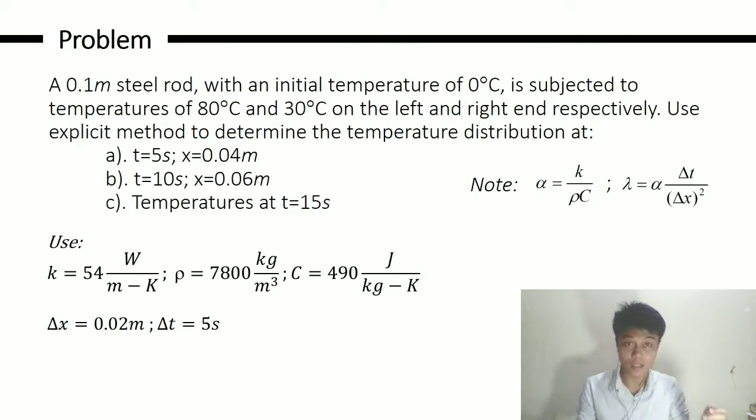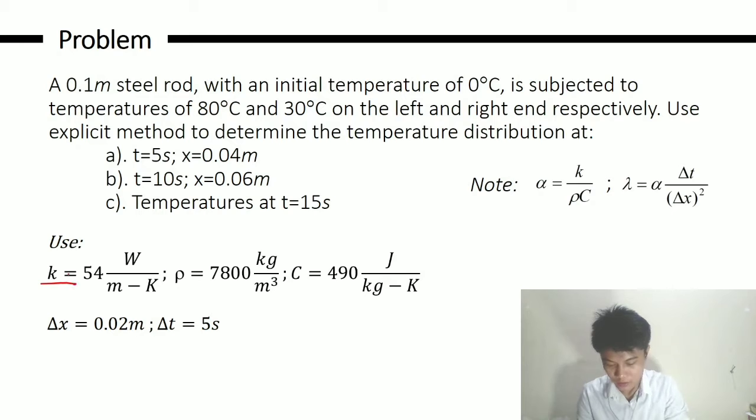I'll elaborate that later. So, our given here is our thermal conductivity, our density, and our specific heat. Our change of x is 0.02 meters and change of t is equal to 5 seconds.